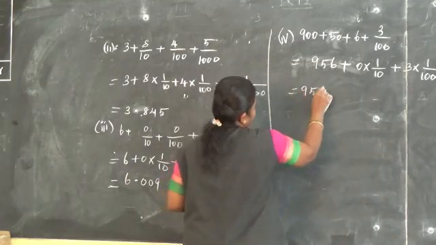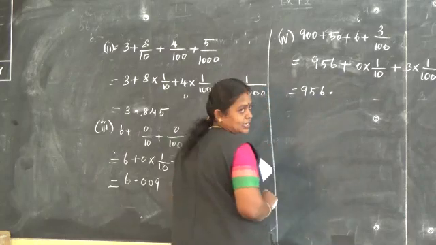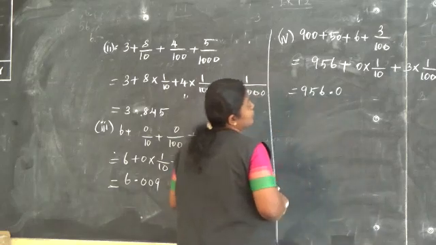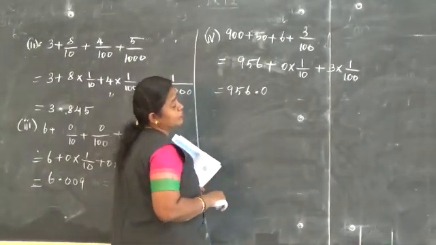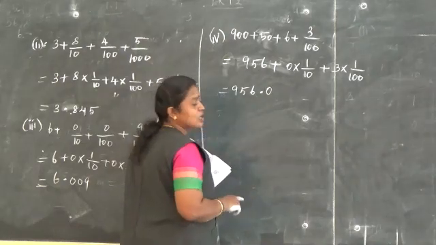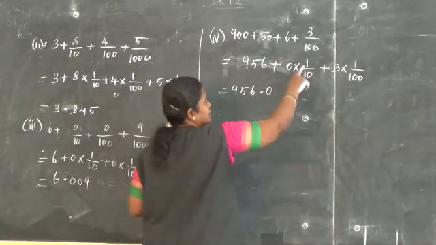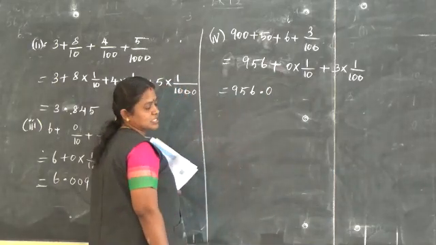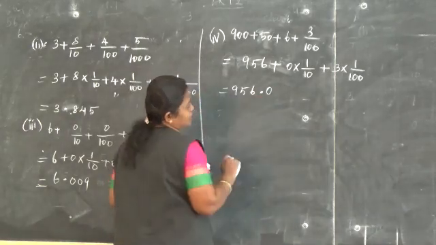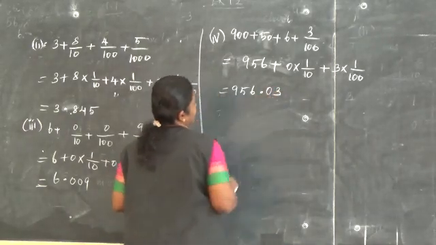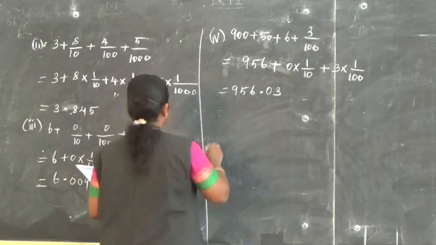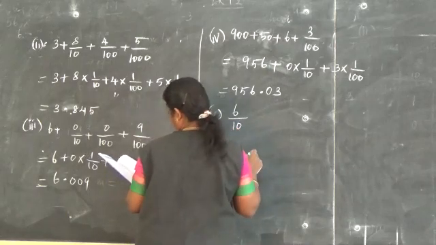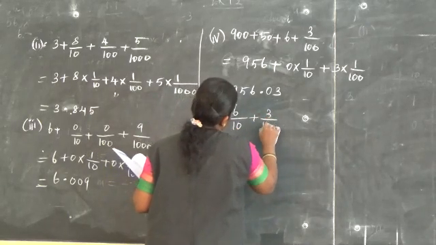So 956 point, no tenths was there, that's why I am keeping 0. Here only 3 by 100 alone is given, but usually in expanded form, if any place is not there, we will keep 0 like that. So 0 into 1 by 10 plus 3 into 1 by 100, 956.03.